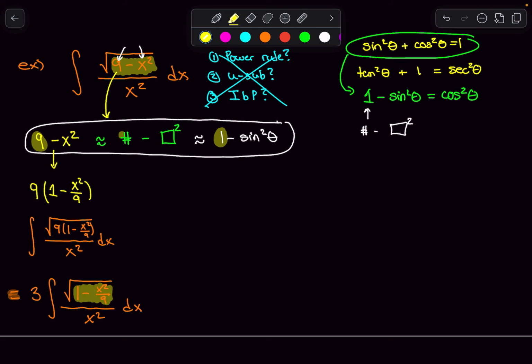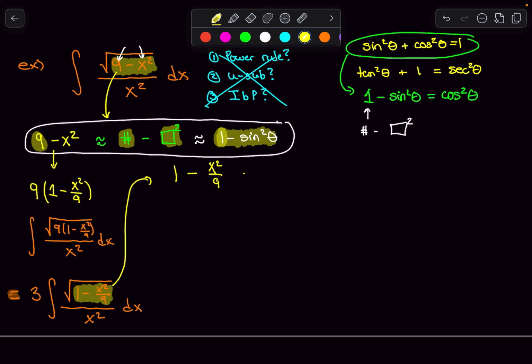And remember, I suggested that we start to shift our way of viewing this, as instead of it being 9 minus x squared, let's think about this as a number minus something squared, because a number minus something squared is really close to 1 minus sine squared, and that's kind of where we're headed. So if we take this bit on the inside, we have 1 minus, and I want to view this instead of as x squared over 9.